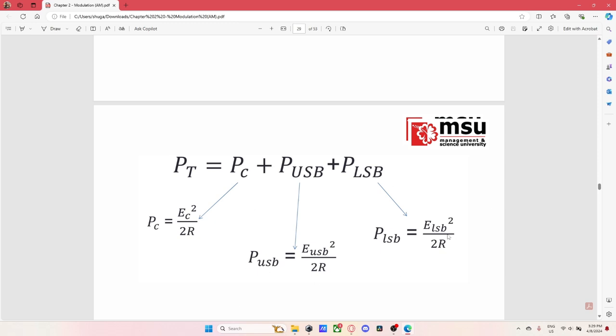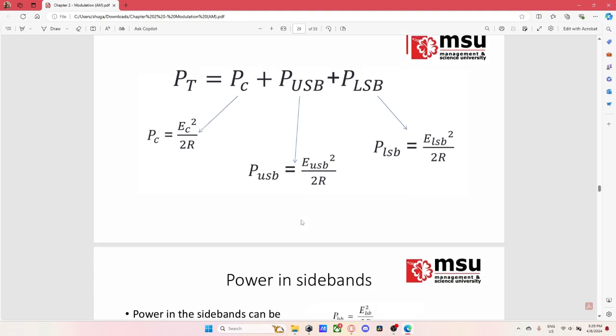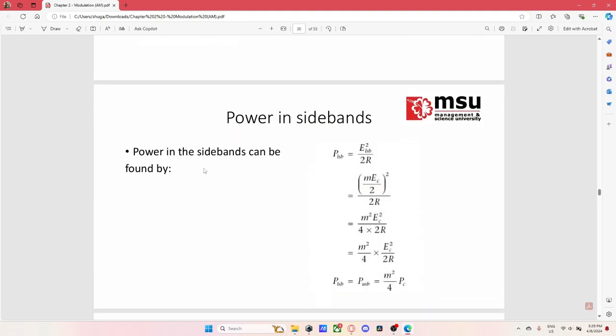So it should be easy to memorize power in upper sideband and power in lower sideband. The power in sidebands can be found using this equation: P equals voltage in lower sideband squared over 2R, where the sideband voltage is M EC, modulation index times carrier voltage, over 2.